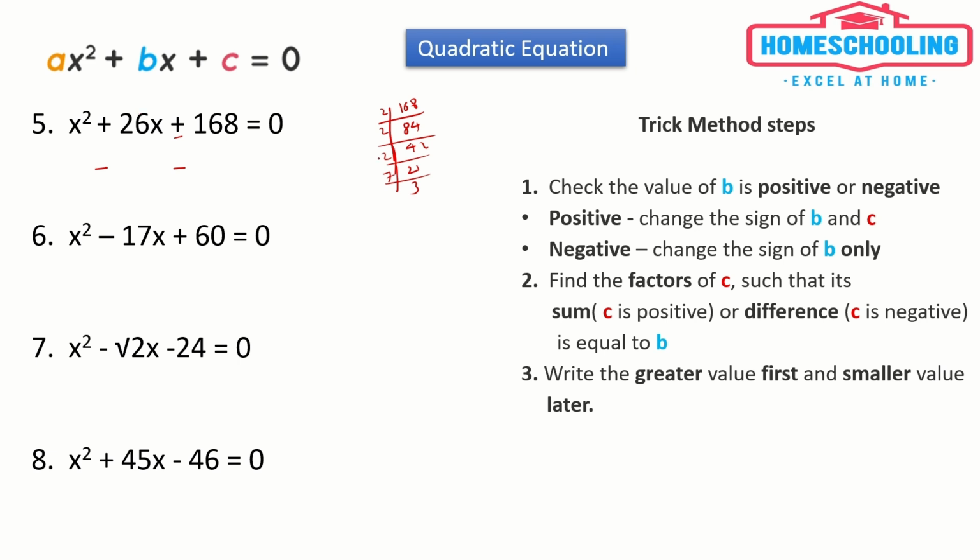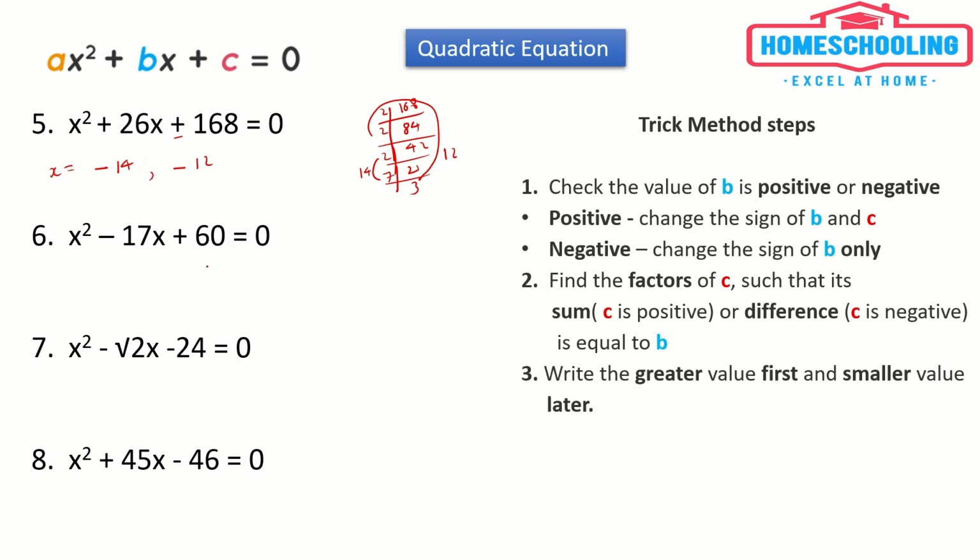So 7 times 2, that is 14, and 2 times 2, 4, 4 into 3, 12. So 14 plus 12 is 26. So we'll write the greater number first, so 14, and the smaller number, that is 12. So your x value is negative 14 and negative 12.